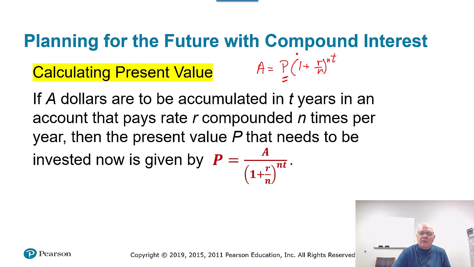So if I divide both sides by that, this is what I get. So if we want this amount of money, this number of years from now, and it's compounded this often per year, at that rate, this is how much money I'll have to put in right now to end up with that amount. We've got an example coming up, so fear not.